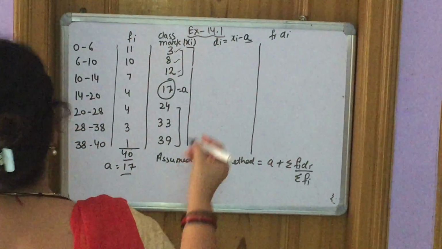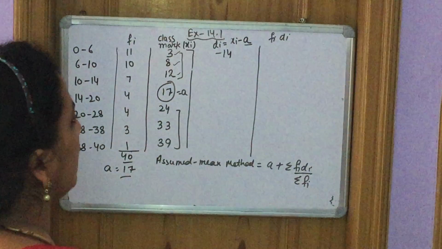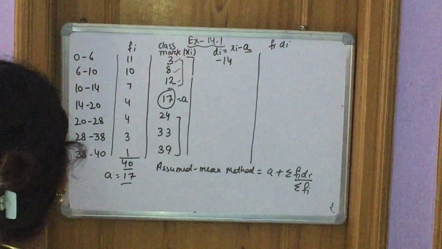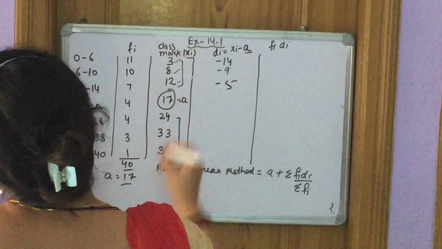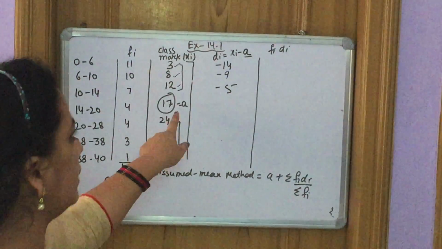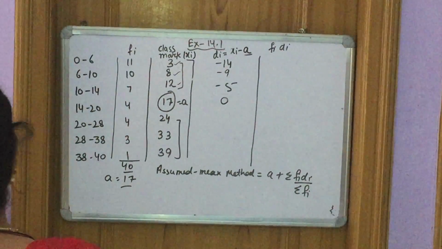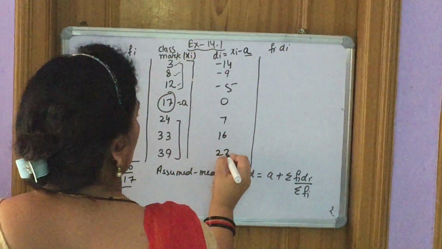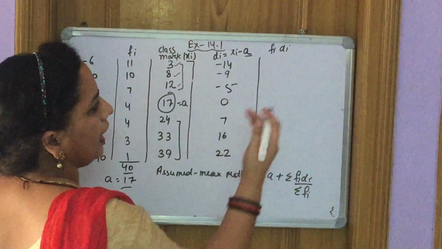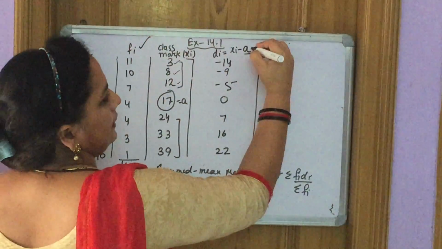So after subtraction we get here minus 14, then 8 minus 17, then we have minus 9, minus 5, then in front of a we have the term 0, in the lower side we have 7, 16 and then 22. This is di. After that multiply fi and di.